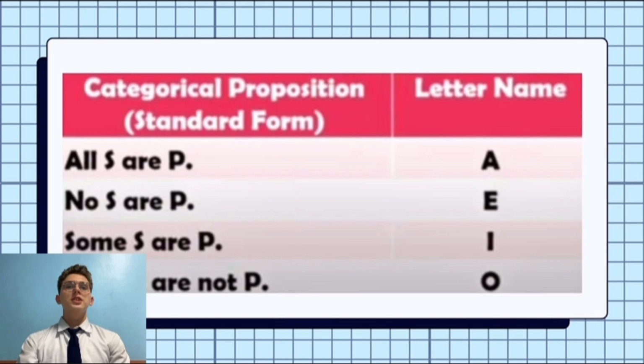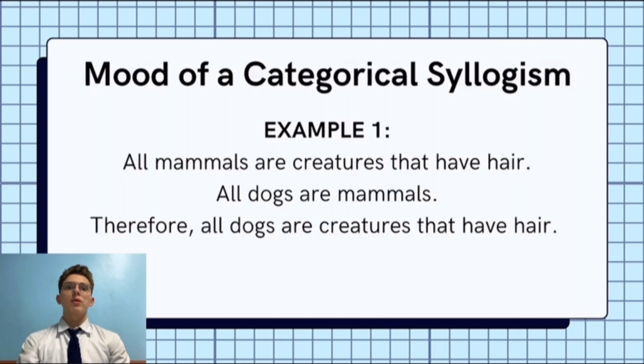Now, let's determine the mood of the examples we had earlier. Example 1. All mammals are creatures that have hair. All dogs are mammals. Therefore, all dogs are creatures that have hair. In this example, the major premise's mood is positive universal because it starts with all are.